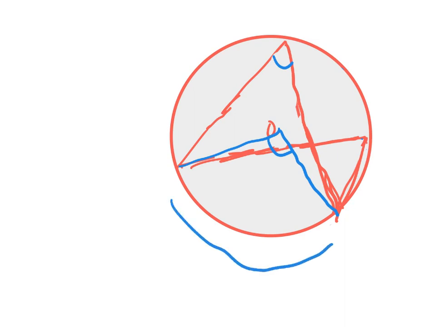So if we call this 2x, we know that this must be x. But the same thing applies for this angle right here, because we know that these 2 points are shared by this angle, let's call it A. So that means that if this is 2x right here, then this also must be x. So x must equal x, so we just proved that A equals this angle right here, which we can call B.